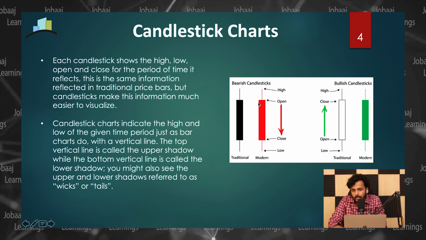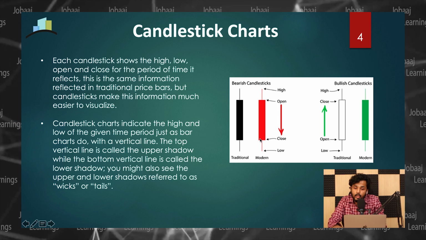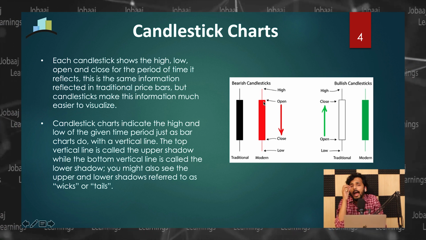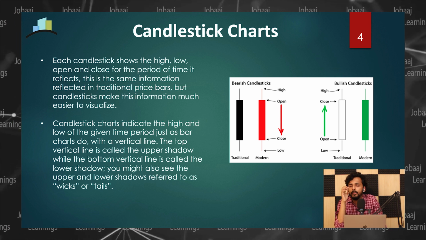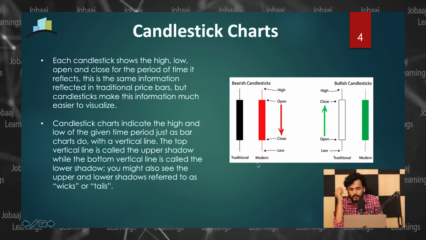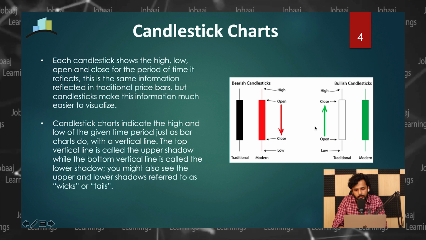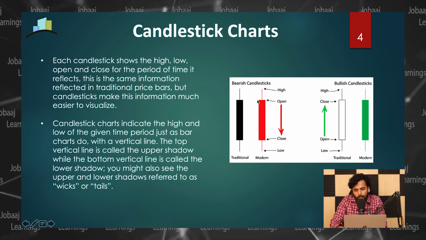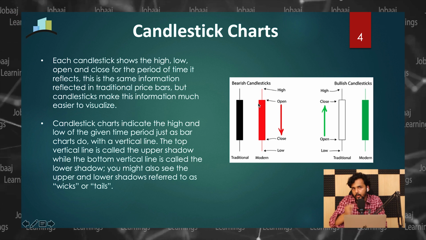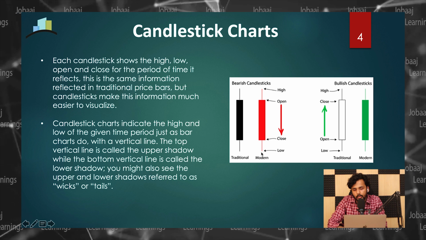And you must be seeing a vertical line on the above part and on the below part as well. So what is it representing? Basically, it is representing the high and the low of the particular day. So I will explain you better. Suppose the market opened, as we know, the market opens at 9:15. A particular asset opened at 100 rupees, and it went low till 85.